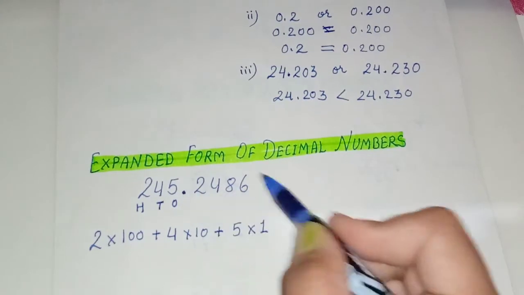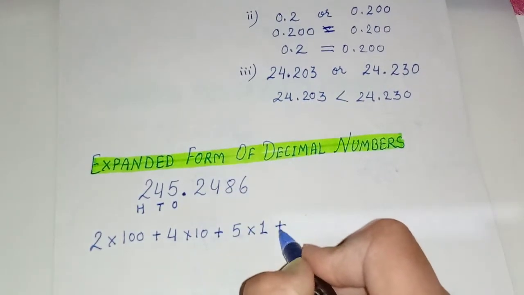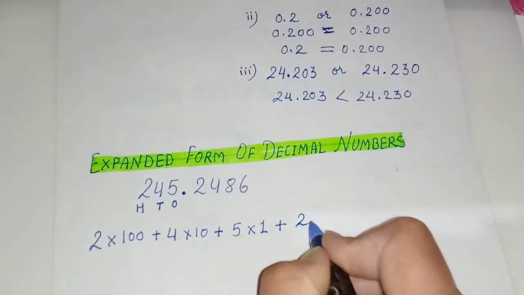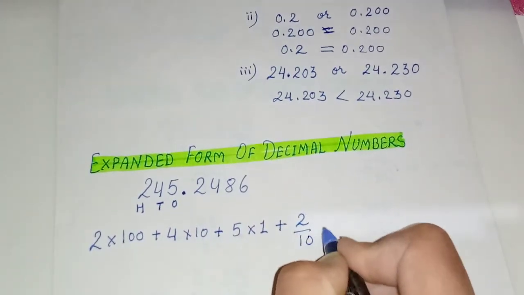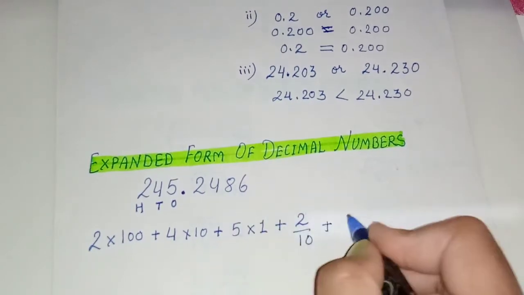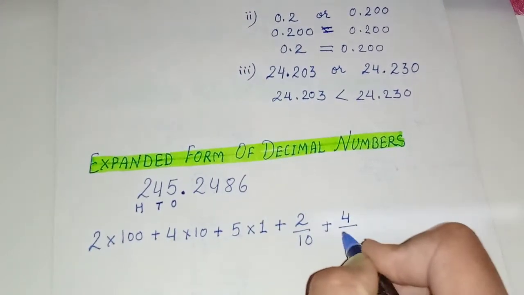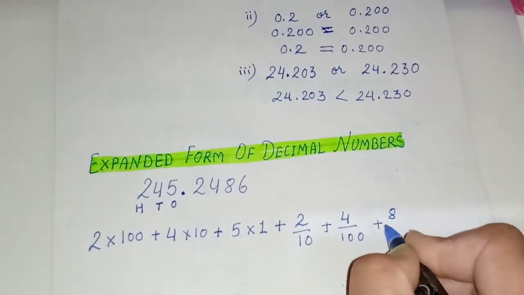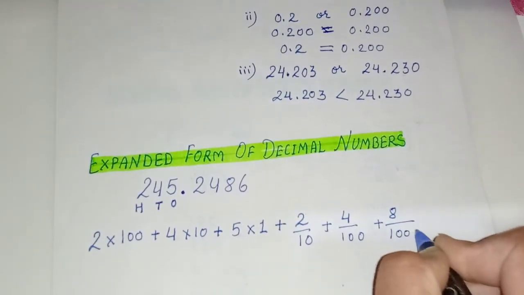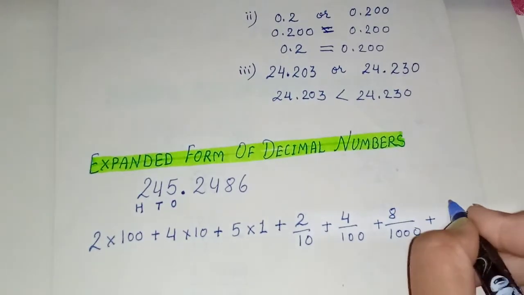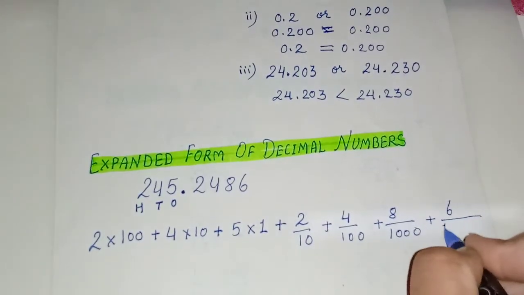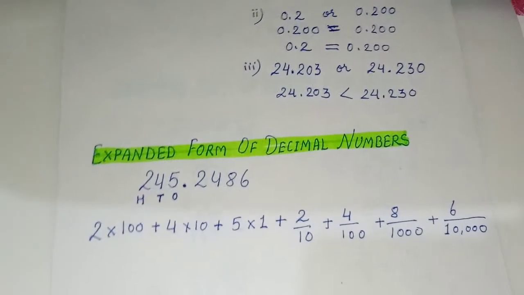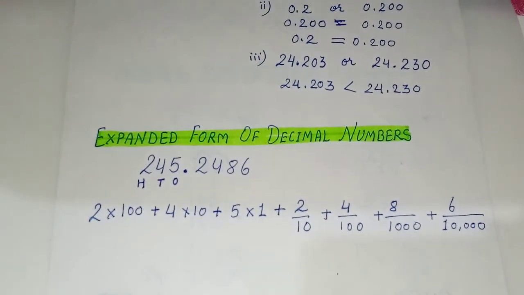Now, after the decimal, it starts from the tenth place. 2 upon 10, plus 4 at the hundredth place, plus 8 at the thousandth place, plus 6 at the ten-thousandth place. So this is the expanded form of this decimal number.